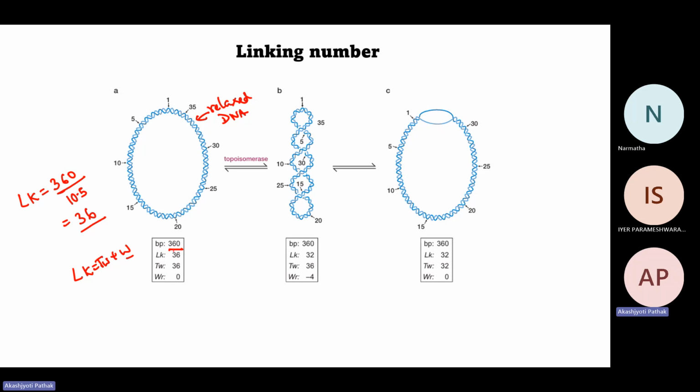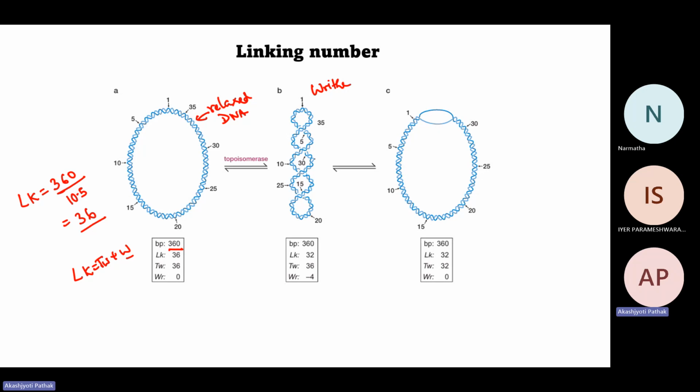Now, for example, if the topoisomerase has acted on this DNA and caused a nick in the DNA, because of which a supercoil is produced, this is the writhe. Writhe is how the DNA is coiled in three-dimensional space.